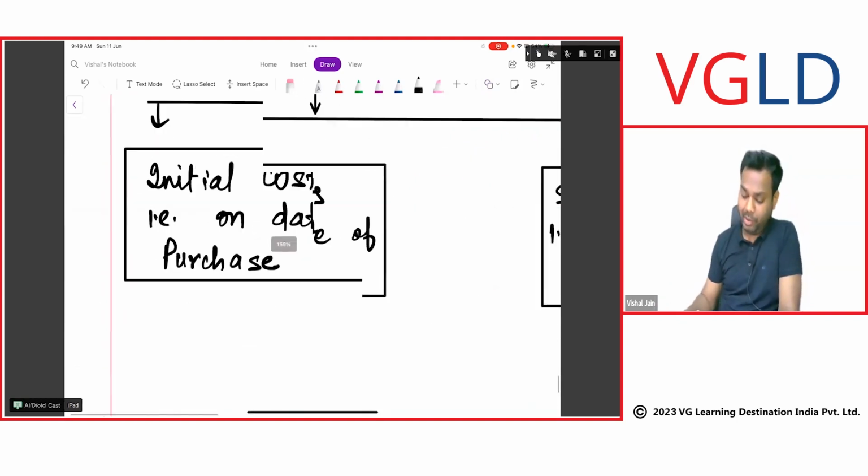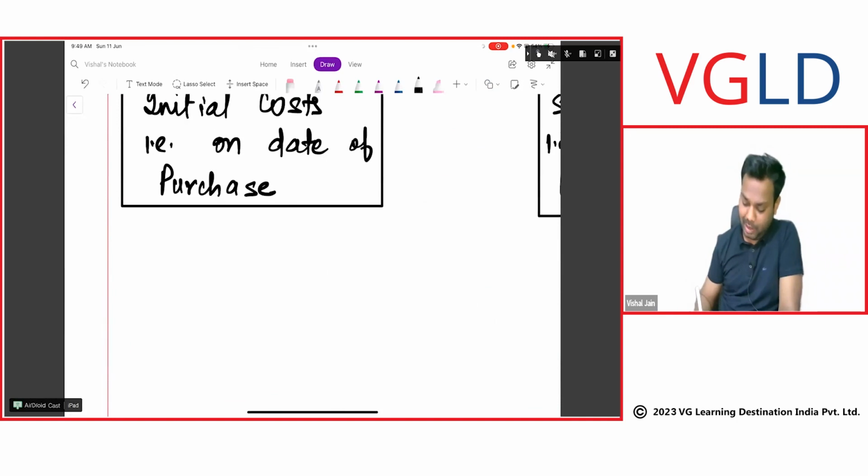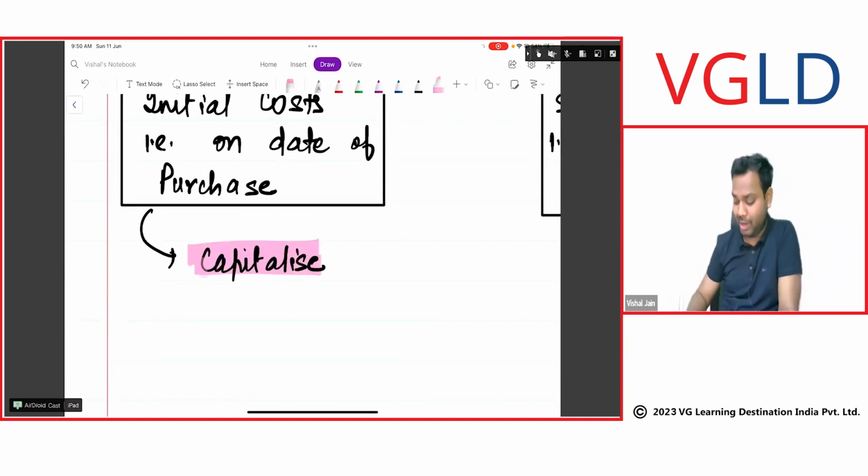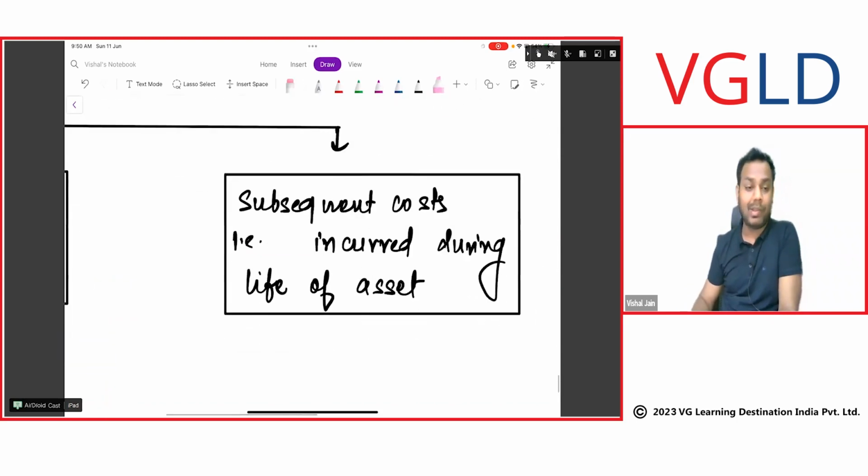Now we have to assess. So definitely initial costs we will capitalize. We have already understood this, already discussed.